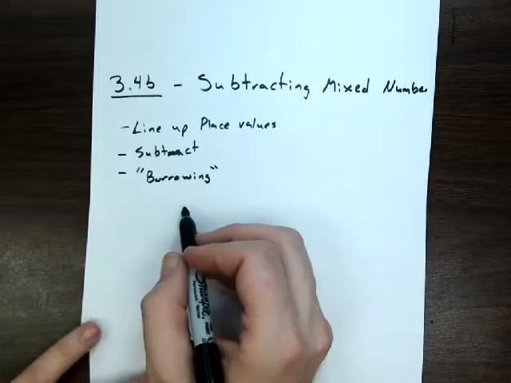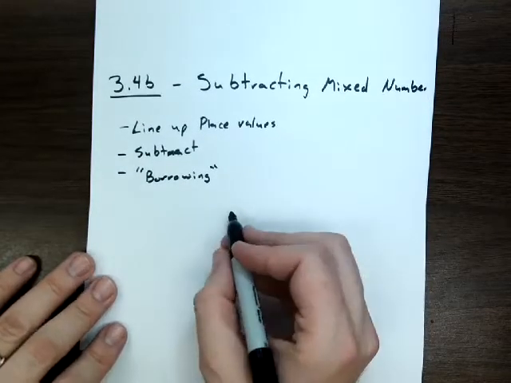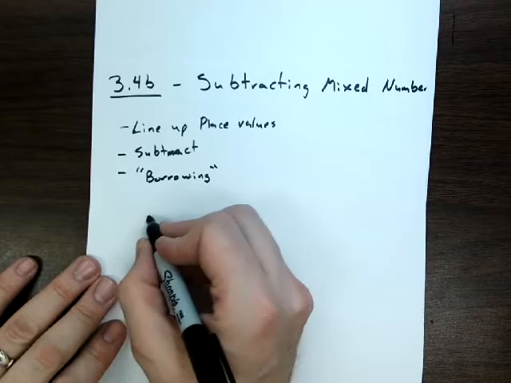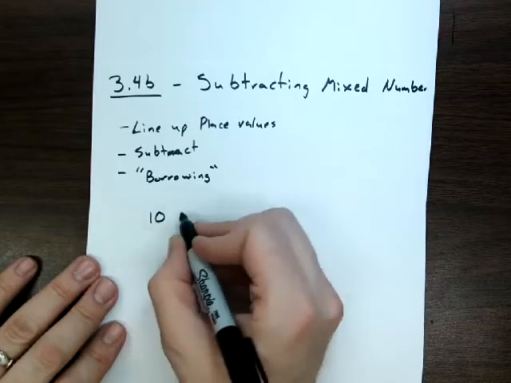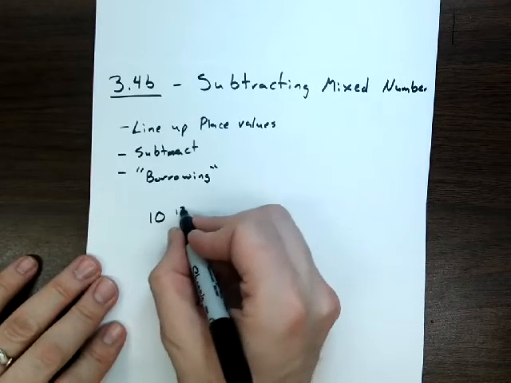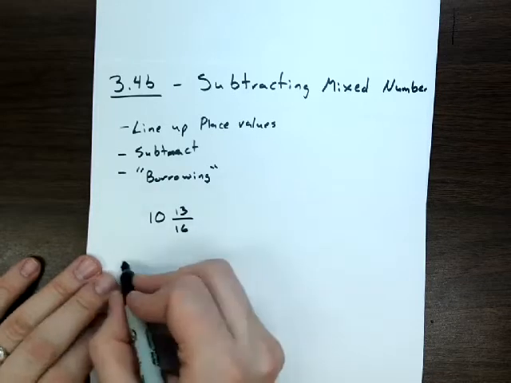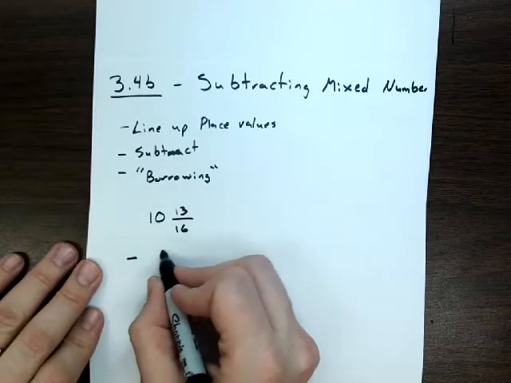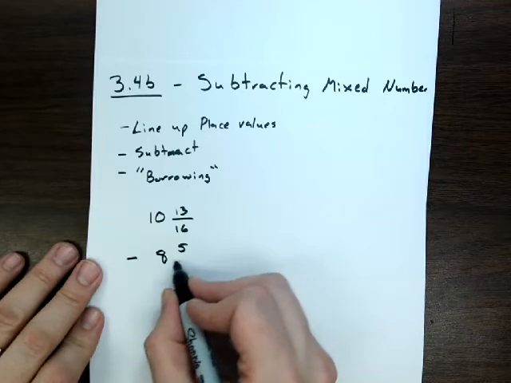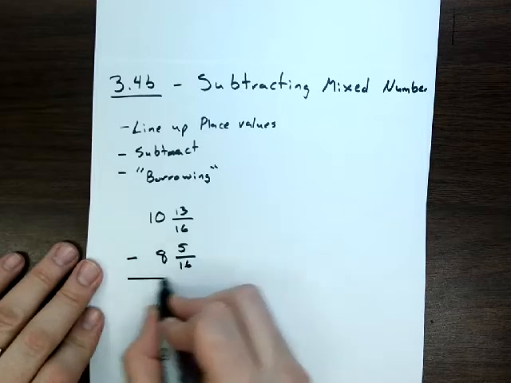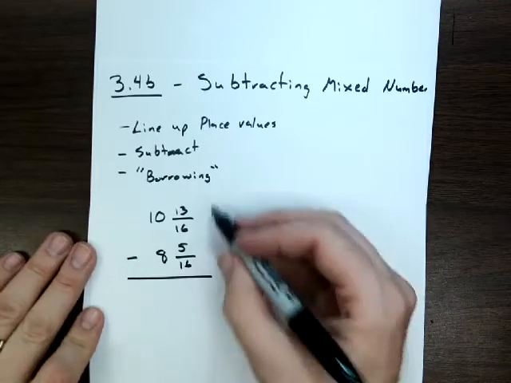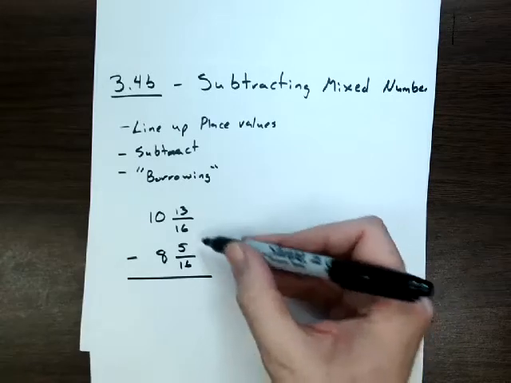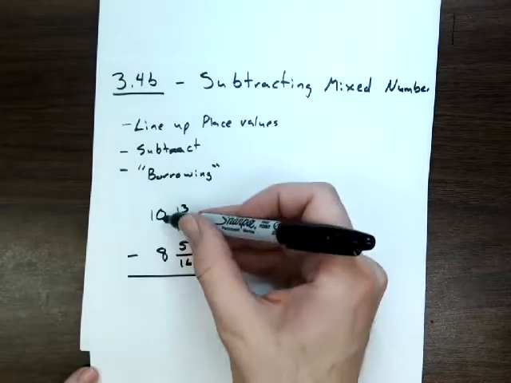So let's start off with something fairly straightforward. So we've got something like 10 and 13 sixteenths, and I'm going to subtract from that 8 and 5 sixteenths. Notice I've already lined up my place values. My fractions are over my fractions, my ones are over my ones.